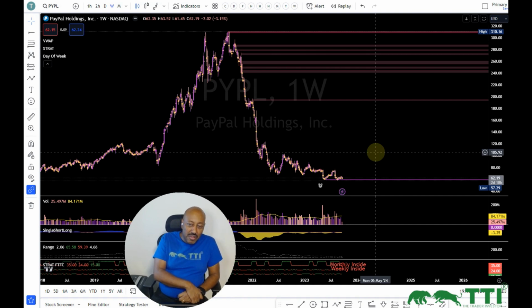Their platform is not as robust as, let's say, something like a Visa or a MasterCard, where they don't have any competition. But there are too many players in the payment processing arena.